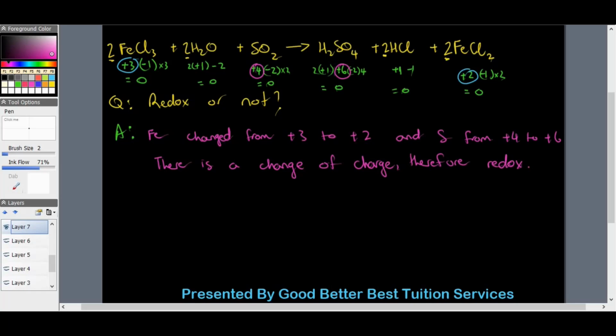You can see because there's a change in the charge, or because there is an increase or decrease in oxidation number of more than one element in this instance, we can definitely see that this is definitely a redox reaction by using oxidation numbers. So oxidation numbers do help us track the transfer of electrons between elements within a reaction.